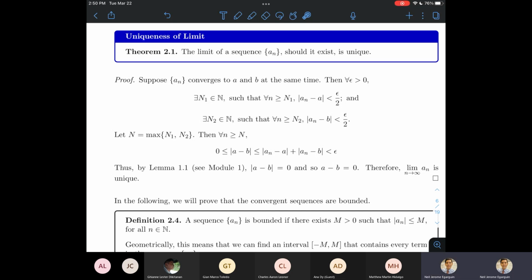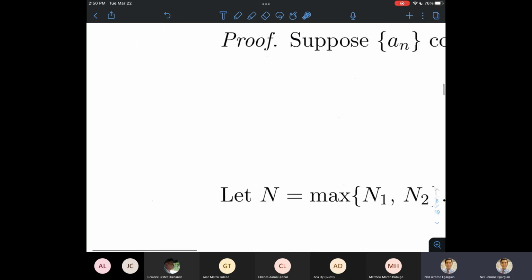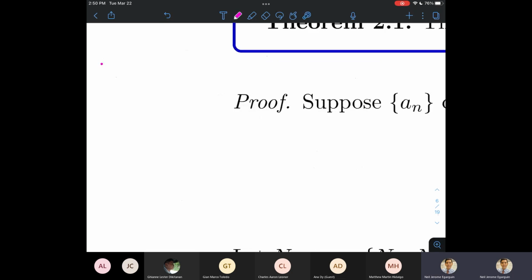And probably from Math 101 or previous math courses or major courses, alam nyo na yung usual template ng pagpo-prove ng isang bagay ay unique or hindi. Alright? So you can do it in two ways. Ito yung sinasabi ko sa 101 students ko.